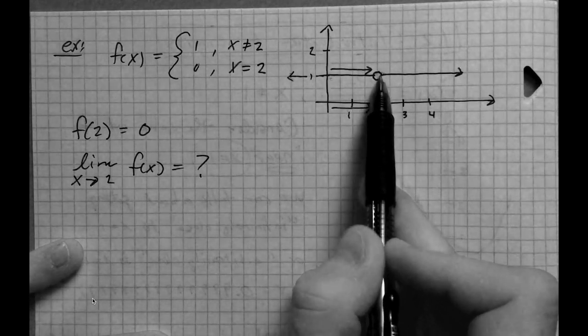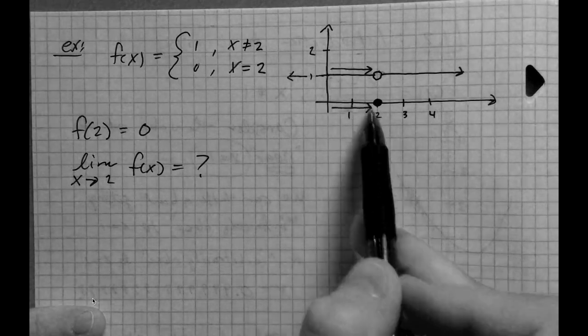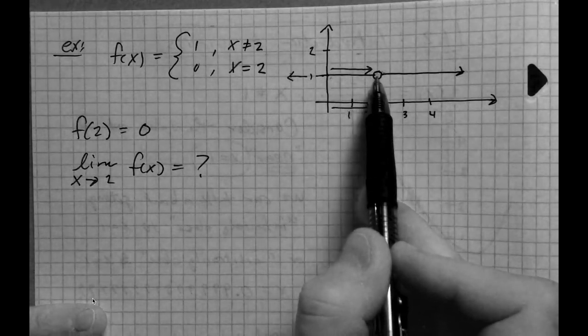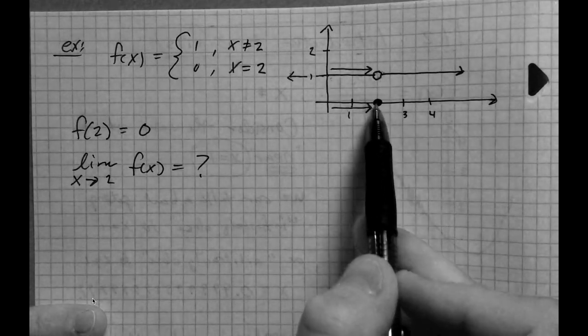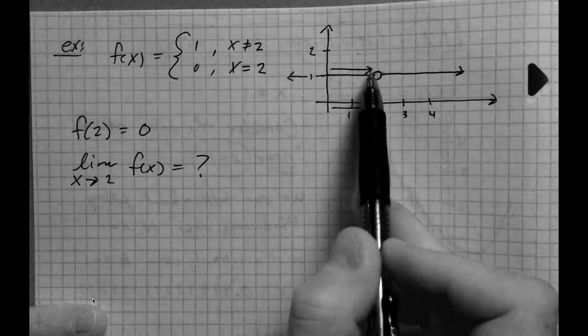The function value would be 1 as we get closer and closer. And you can see that as we get arbitrarily close to 2, the value of the function remains 1, right? It's only at the exact value of 2 that it drops down. Everything up to it is equal to 1.